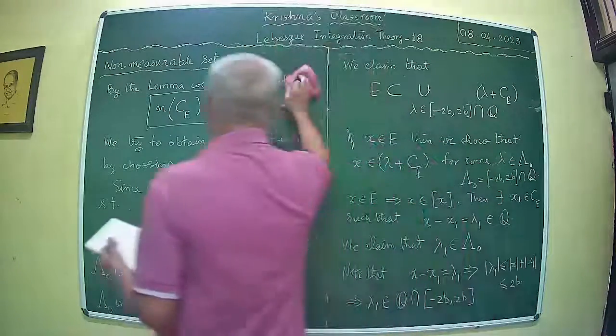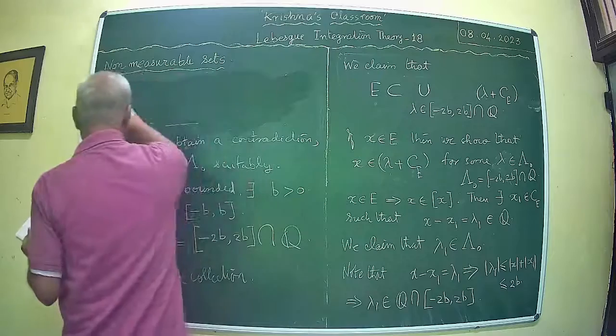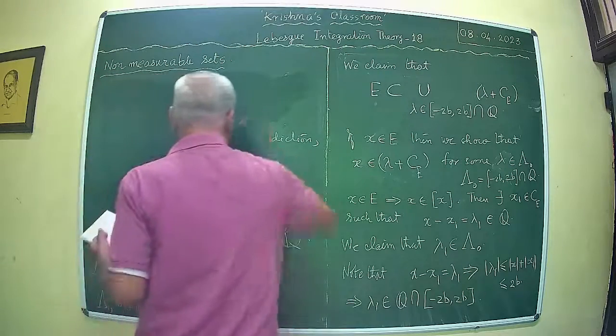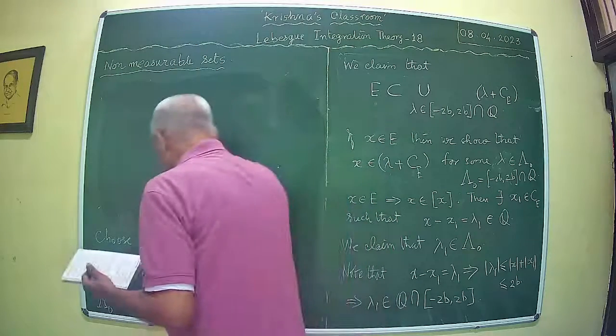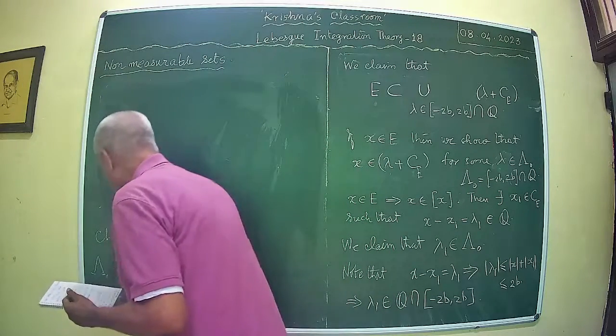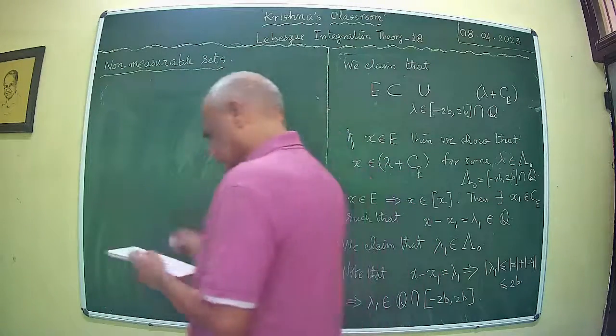Now we can easily get the coefficient. It's easy to construct a contradiction.